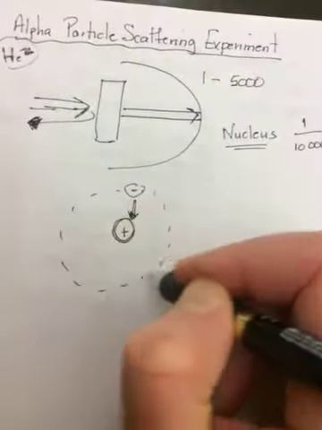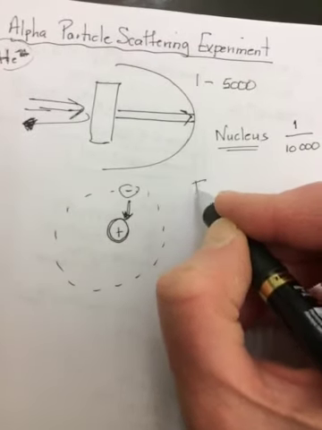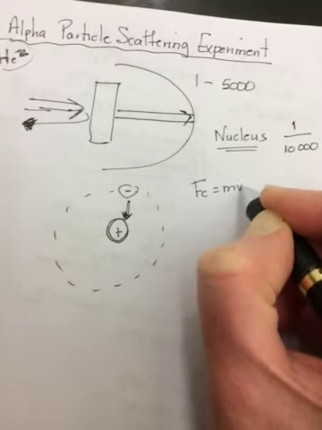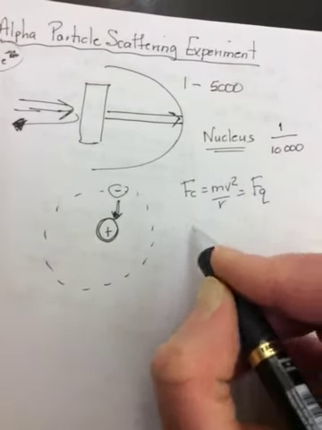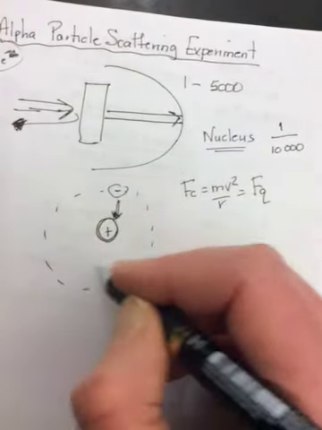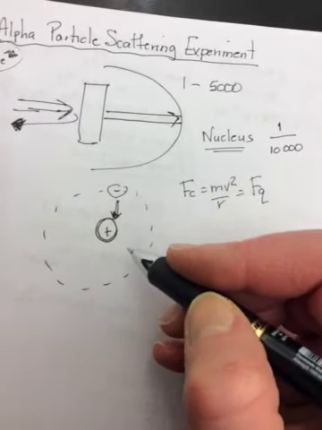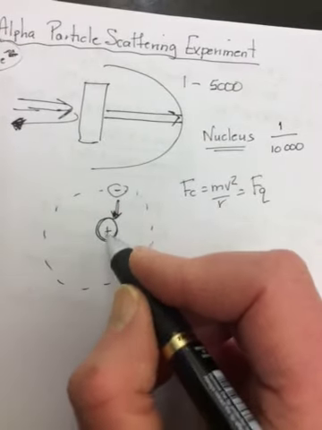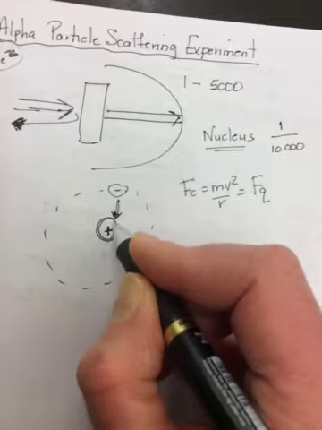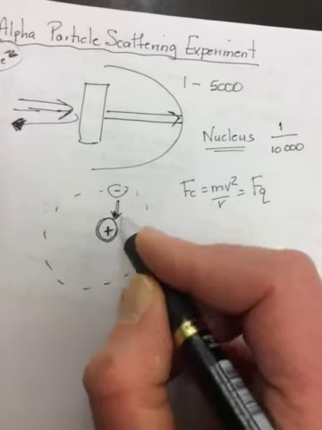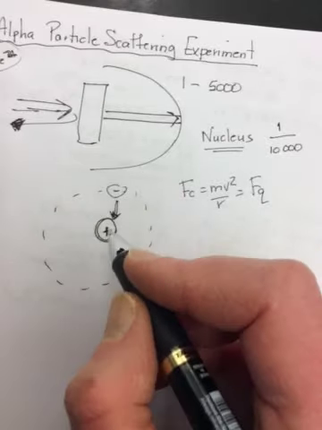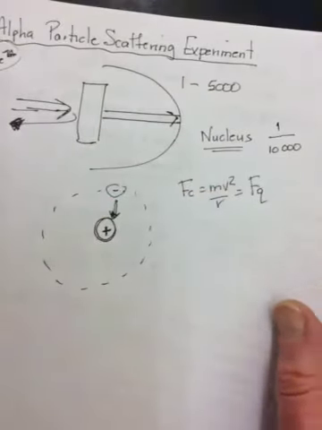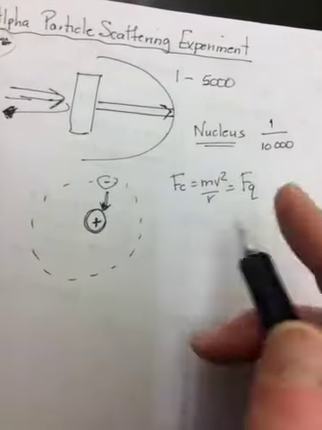And as long as they're moving fast enough, remember centripetal force is mv squared over r, and so it's Fq that's applying the centripetal force here. So as long as they're moving fast enough, they'll stay in orbit. Okay, so nucleus in the center with most of the mass and all of the positive charge, the electrons orbiting around the outside, and the rest of the atom really being empty space.